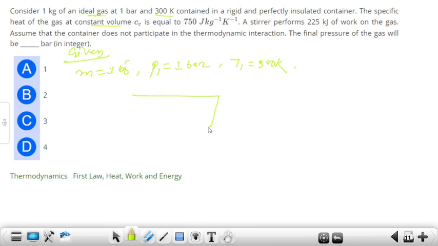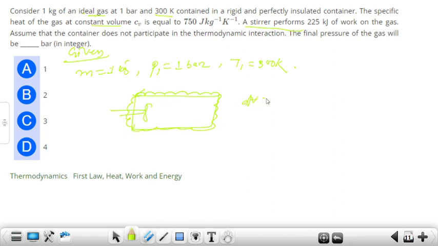So let us draw the container system where a stirrer performs 225 kilojoule of work, that is work done on the system. This is the stirrer and this is the perfectly insulated container having constant volume.